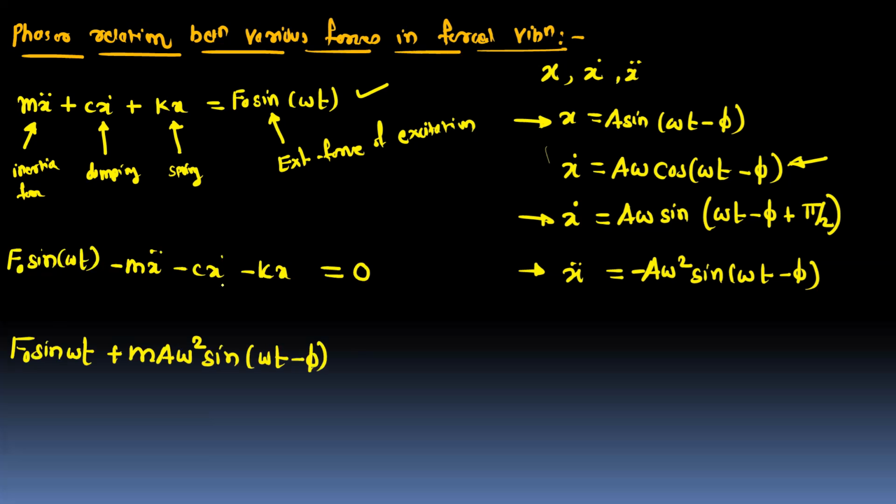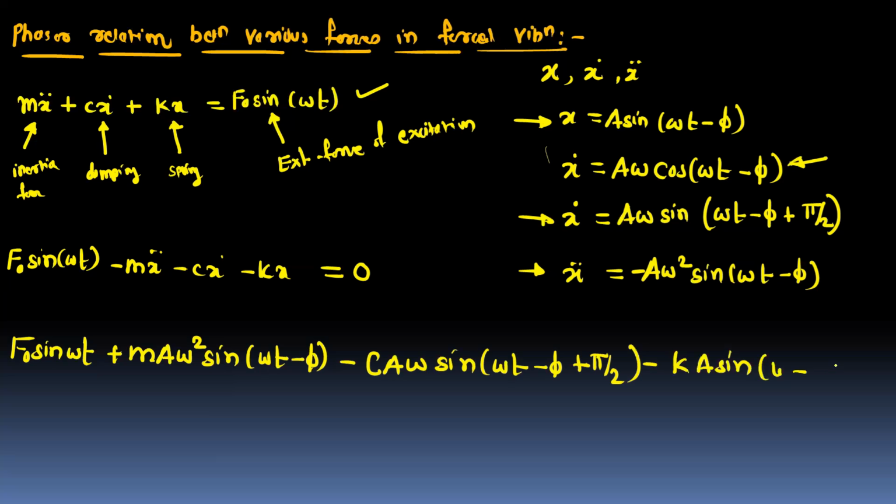Then minus c x dot, and we have the positive value of x dot, so it will remain negative. So this is c a omega sine omega t minus phi plus pi by 2, and minus k a sine omega t minus phi. Okay.